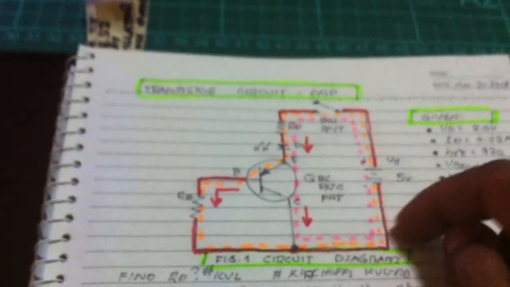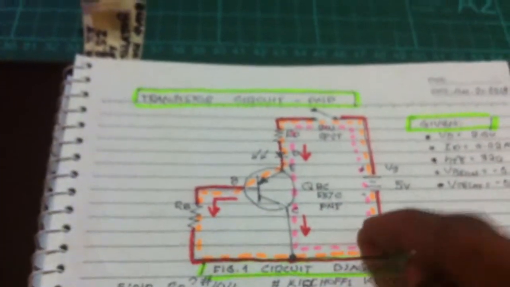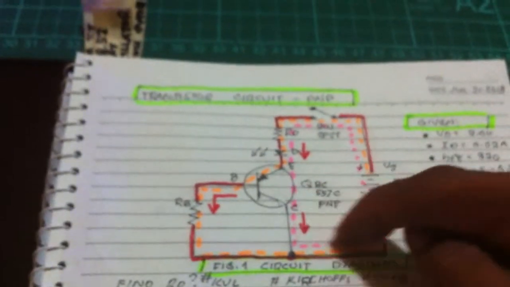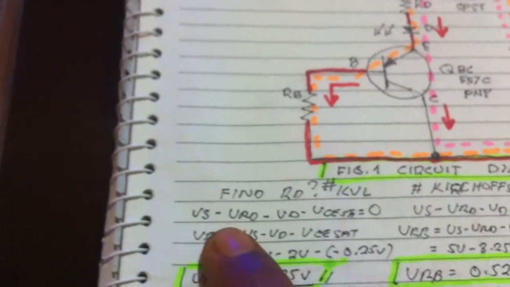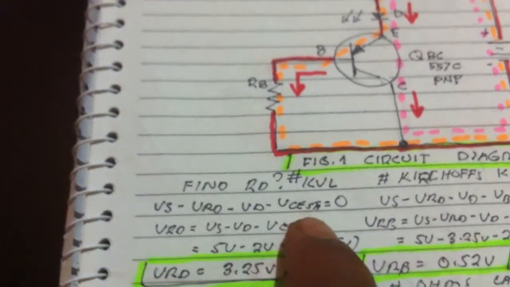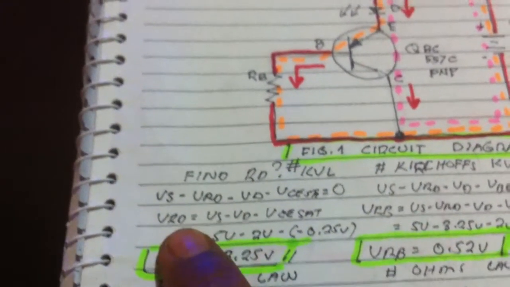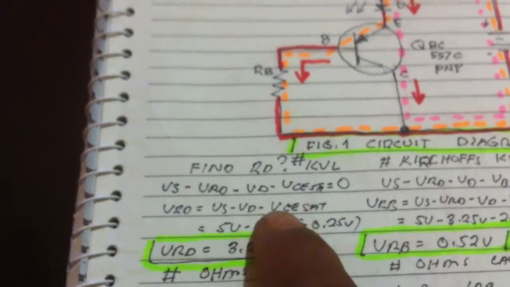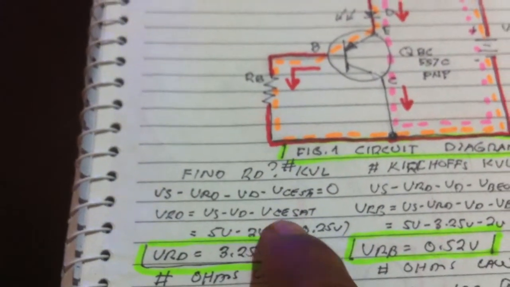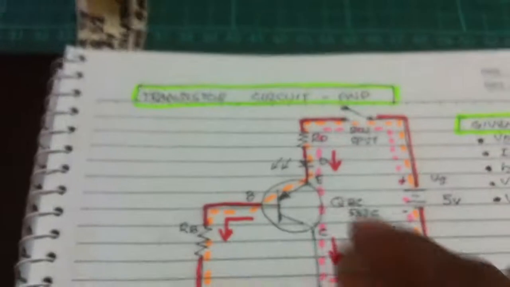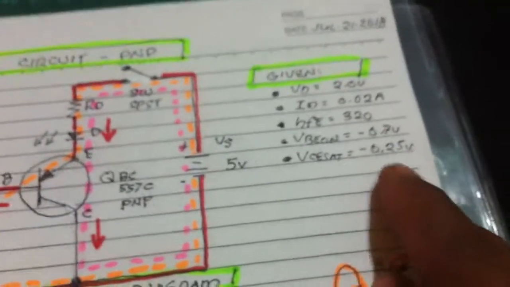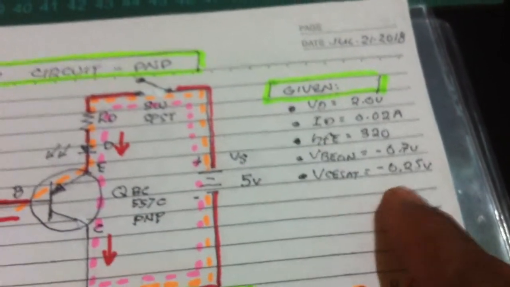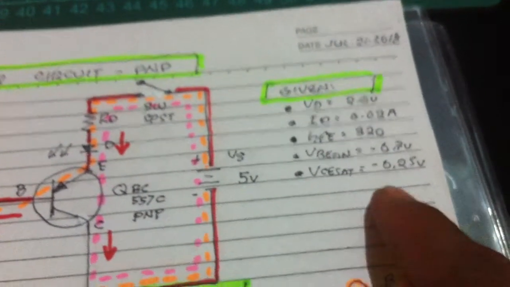First loop here in the pink line. We got now this equation. And the voltage collector to emitter at saturation, collector to emitter, is negative 0.25 volts.